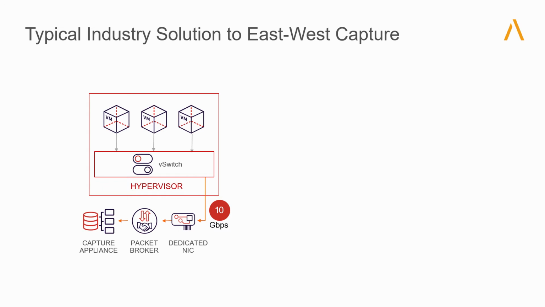And this is typically what I see as a consultant, traveling around doing troubleshooting: in a lot of environments, if you want to see that VM to VM traffic, most of the recommendations from a lot of different vendors are to go back to each individual hypervisor, each individual ESXi server, and insert or deploy a dedicated NIC. In most cases, that's retrofitting the server with a 10 gigabit per second NIC, then communicating that back to a packet broker, which your capture appliance or any of those tools that need to see packets sit off of.